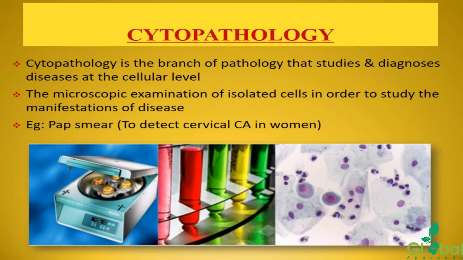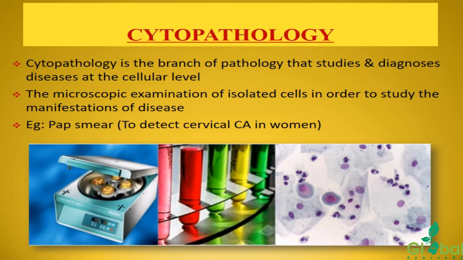For example, the pap smear is a major type of test we perform in women, mostly only in women. In the condition of cervical carcinoma, we go for the pap smear test. There we collect cells from the inner surface layer of the vaginal portion. From there we isolate the cells and first go for microscopic examination.